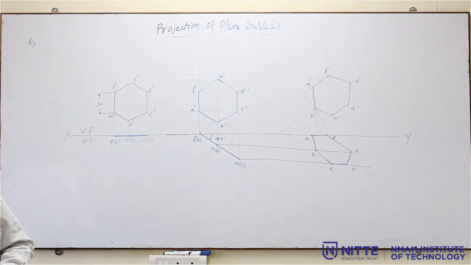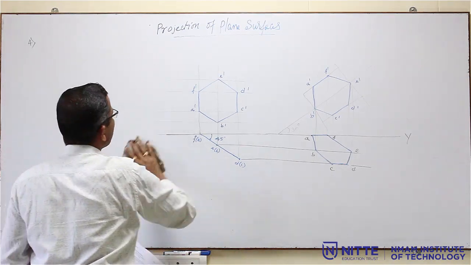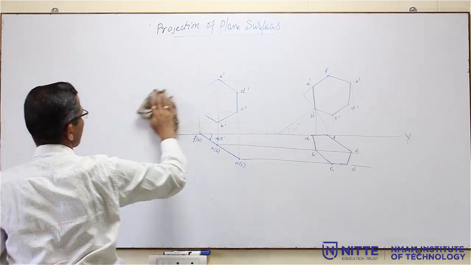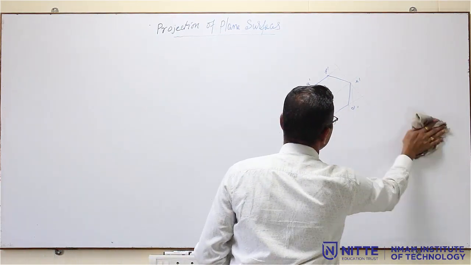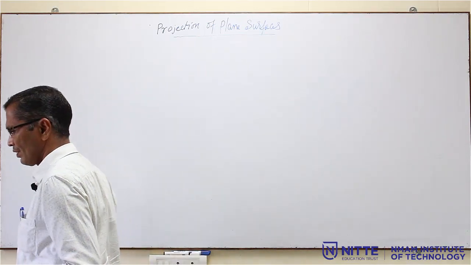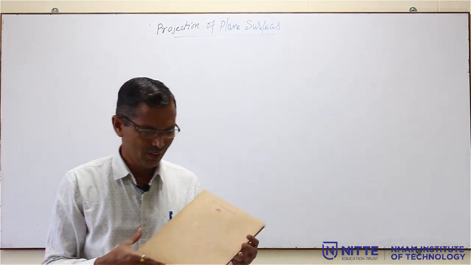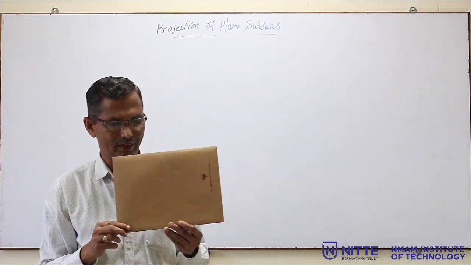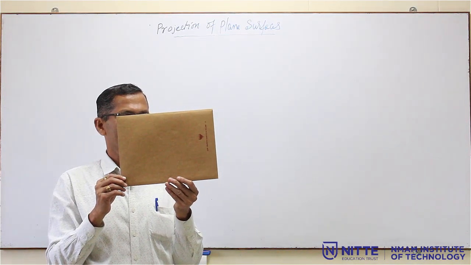Problem number 6. Sixth problem. Now, if you take a rectangle like this, so this is the rectangle.